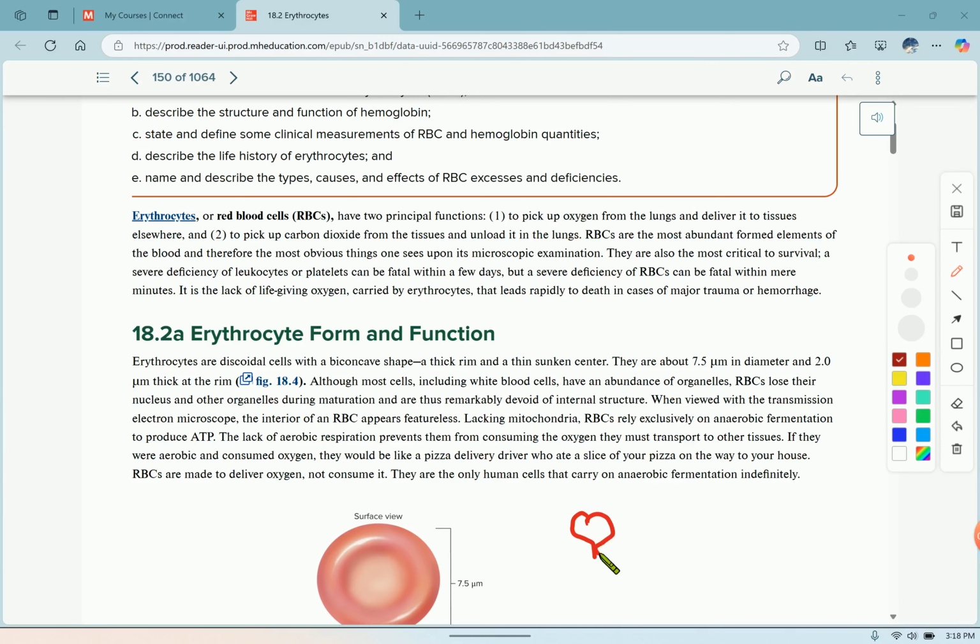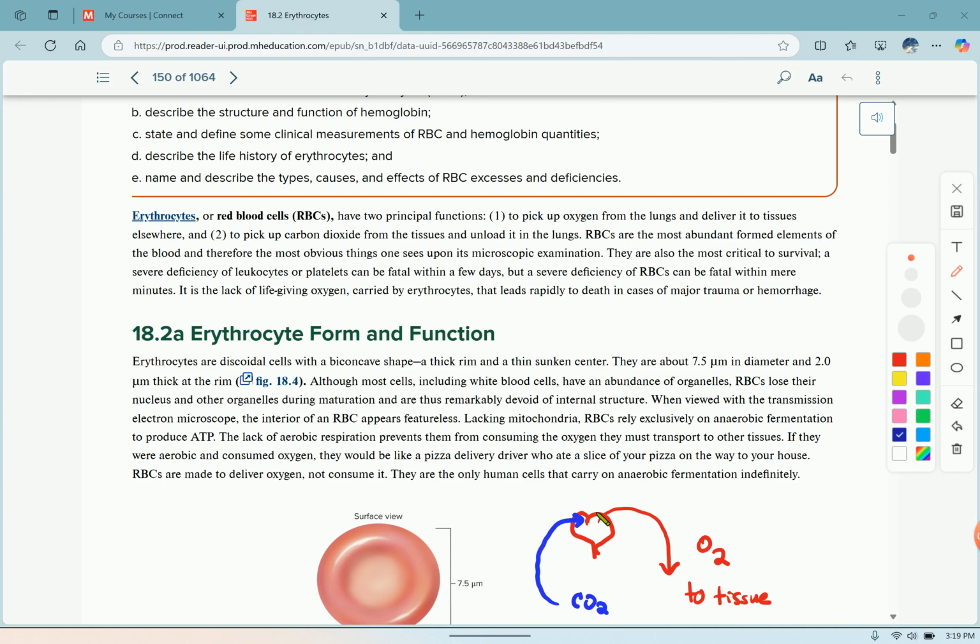So we have the heart, and it is going to deliver oxygenated blood to tissue. Now, at some point, the oxygen will be delivered, and CO2 is a byproduct. So CO2 will have to get into the vein family to be taken back to the heart to eventually get reoxygenated.